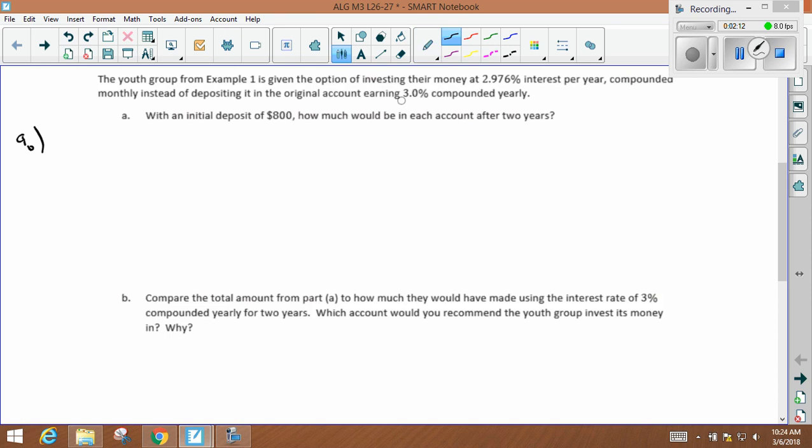Okay, so example 1 was this, okay? We're using the formula F of T equals P times 1 plus R to the T power.